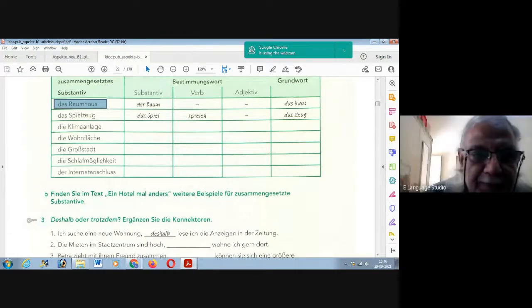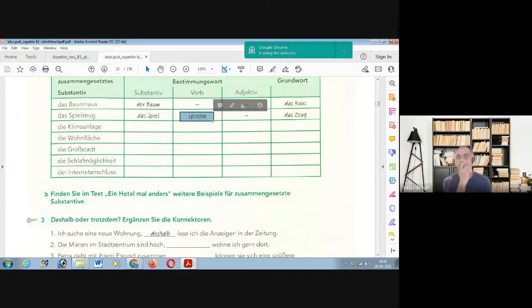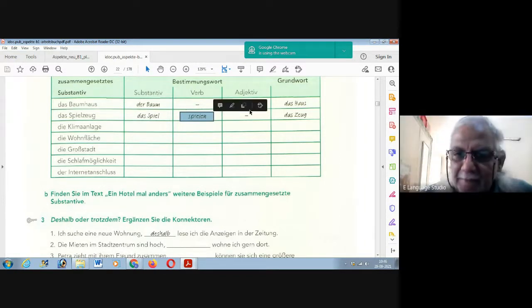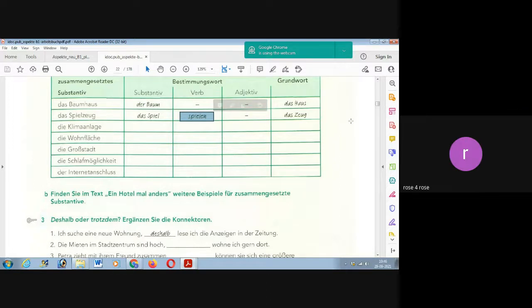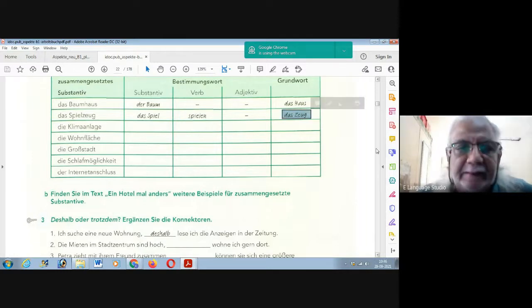So das Spielzeug, das Spiel. It comes from the verb spielen. There's no adjective to this. You can make one to spielen, spielerisch, aber das brauchen wir normalerweise nicht. Das Zeug, the thing.